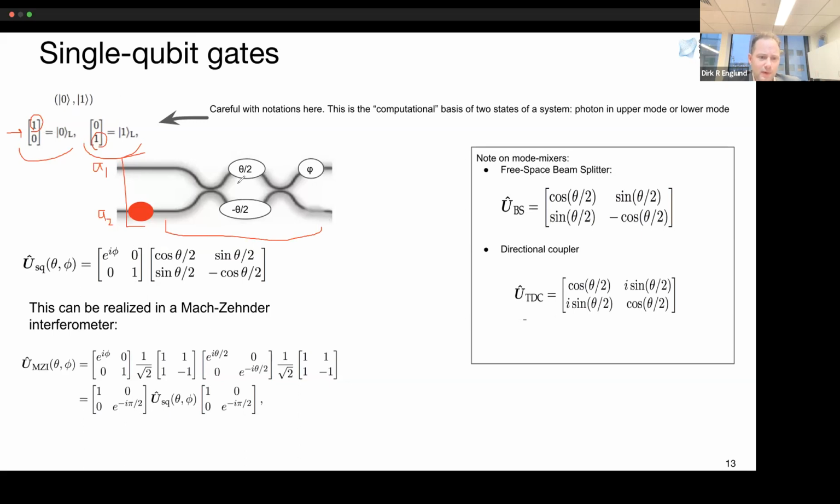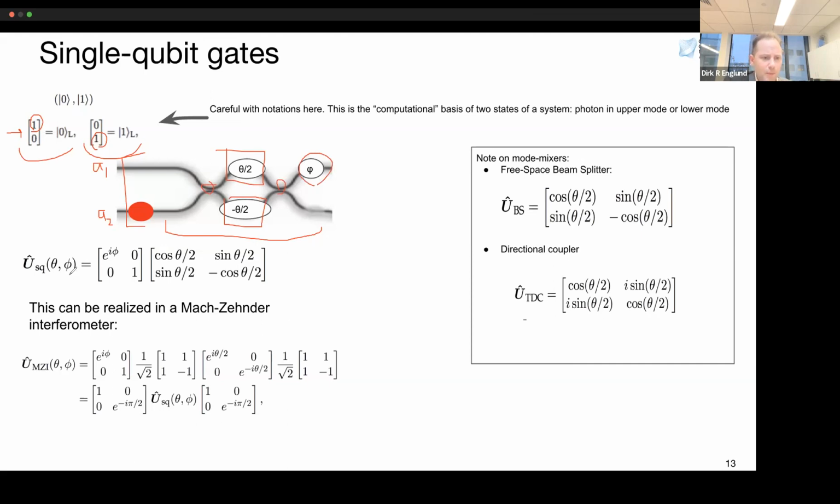This Mach-Zehnder interferometer consists of two beam splitters that we'll talk about in a second, and phase shifters, at least two independent degrees of freedom on the phase. Here I've distributed them equally for reasons we'll get into when we talk about photonic circuits. It's basically loss balancing. And then there is some external phase shift here.